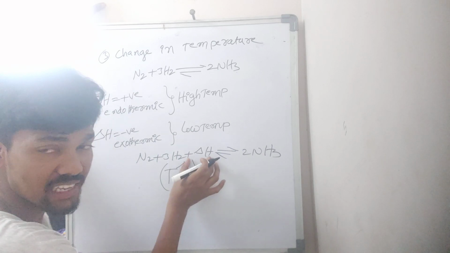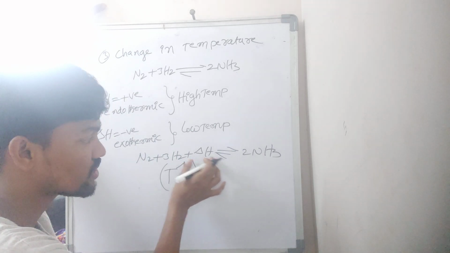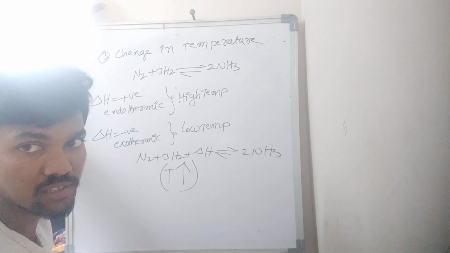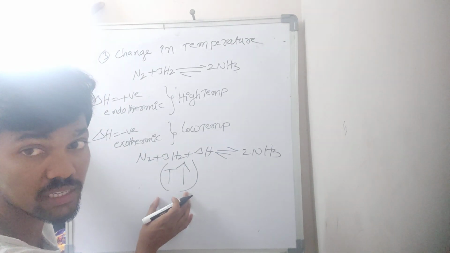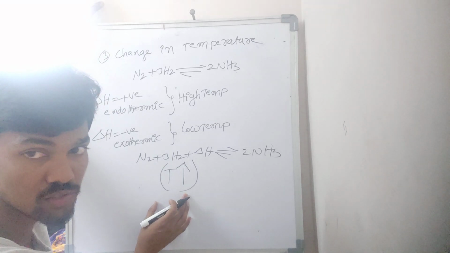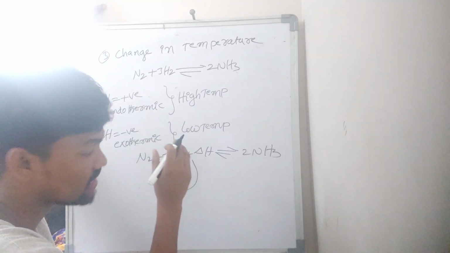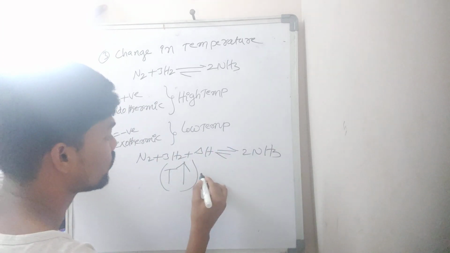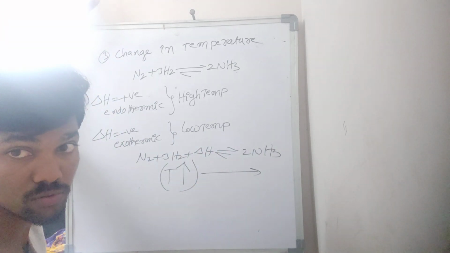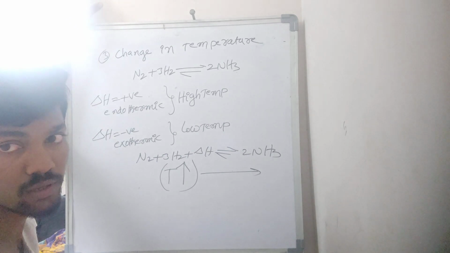Already delta H is there, in equilibrium with the NH3 concentration. Now we are increasing temperature. To balance this, the delta H should shift to this side. So the forward reaction takes place. Understood? Forward reaction takes place.